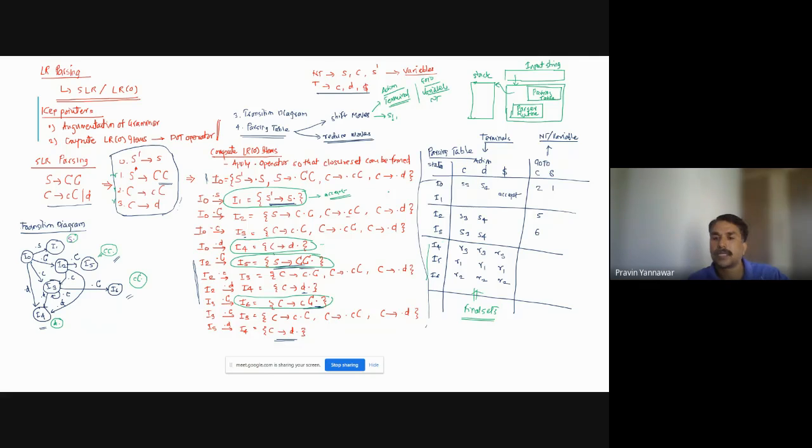Look here, I'll use another color so you can mark it clearly. S2, S3, S3, S4 are the shift moves. And in the goto part, we are using non-terminals here. So these are goto.